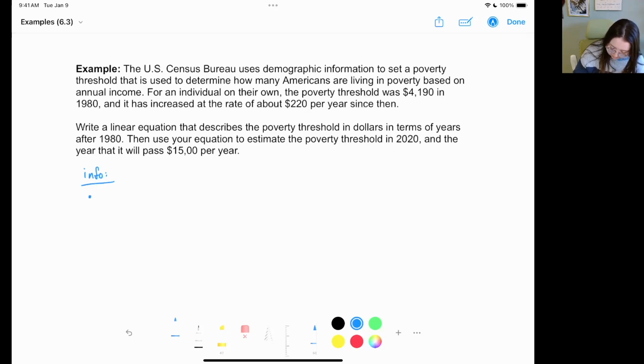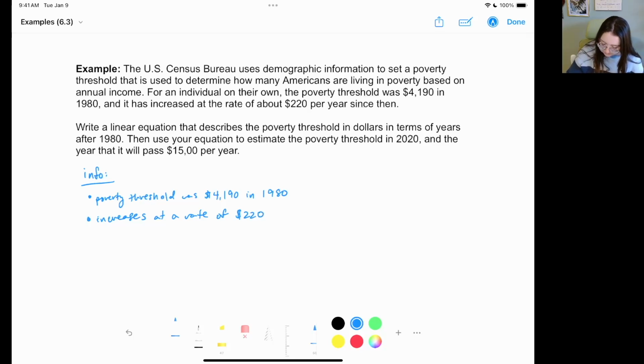We know that the poverty threshold was 4,190 in 1980. And it also increases at a rate of 220 every year.